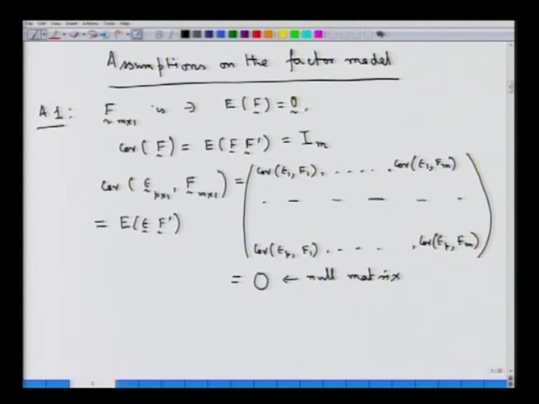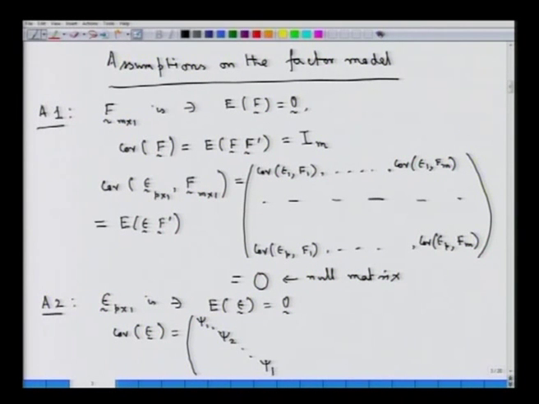So, that is the type of assumption that we usually put in for this unobservable random vector, the common factors f. The second assumption is the assumption concerning epsilon. So, this epsilon is a p by 1 vector. This is such that we also take this epsilon's expectation vector to be a null vector, and the covariance matrix of this epsilon vector to be equal to a diagonal matrix having the elements say psi 1, psi 2, up to psi p.